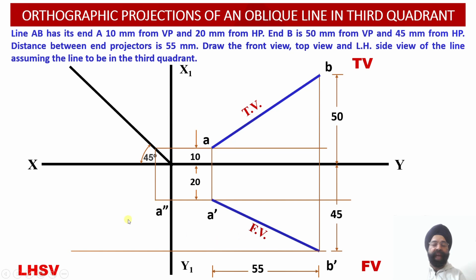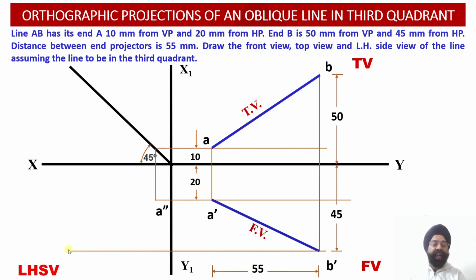Similarly, corresponding to the point B dash located in the elevation, we have already drawn a horizontal construction line which determines the location of the point B double dash in the left hand side view projections.